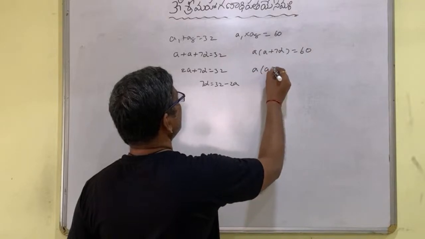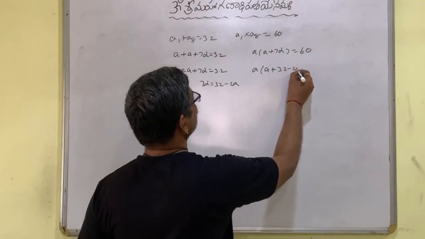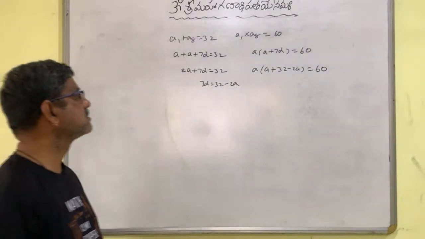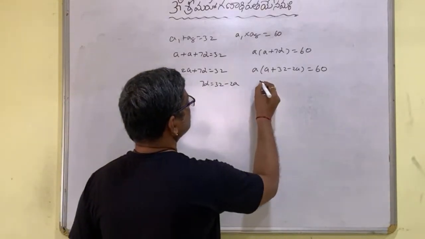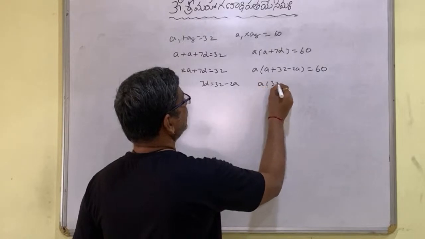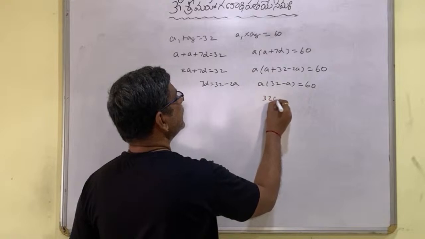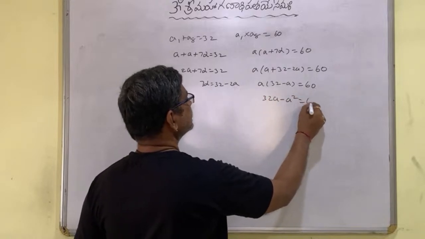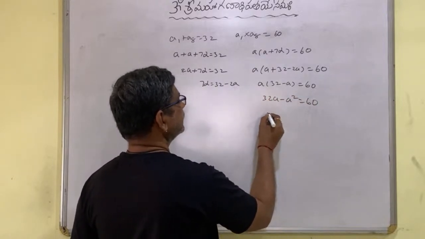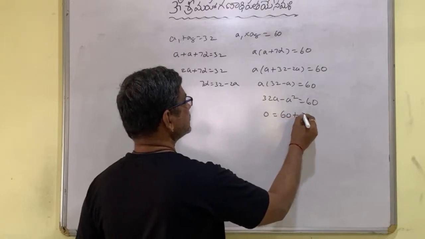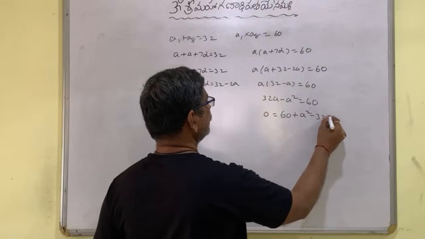A into a plus 32 minus 2a is equal to 60. A into 32 minus a is 60. 32a minus a square is 60. 0 is equal to 60 plus a square minus 32a.